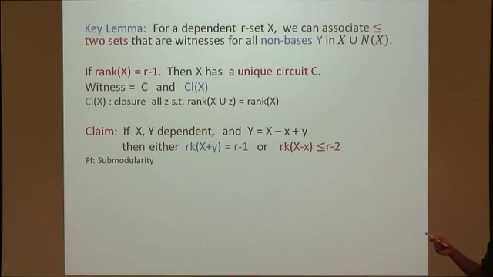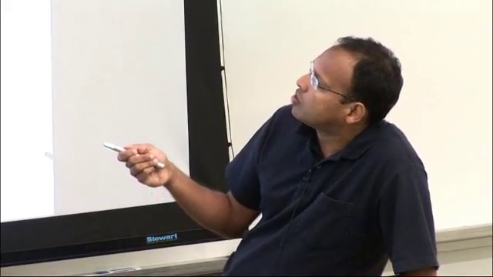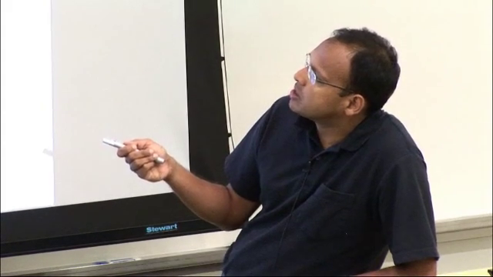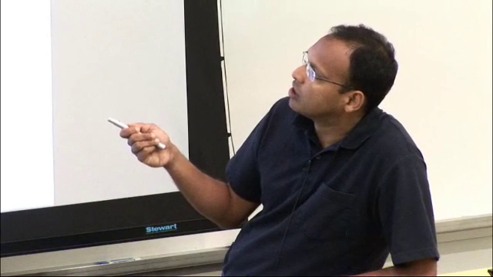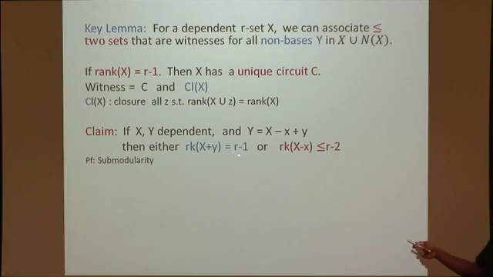So either it must be that when you remove this element x from X, its rank fell down to R minus 2, and even when you added y it could not go all the way up to R, or it must be that X plus y has rank R minus 1. You can show by submodularity that one of these cases must hold.